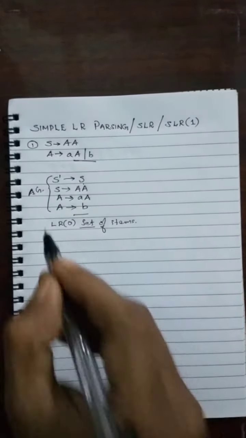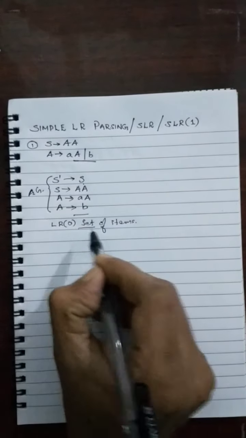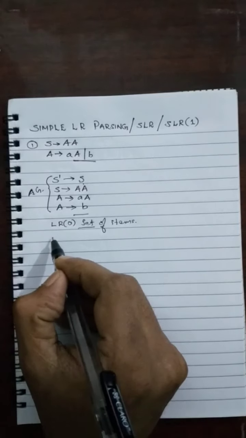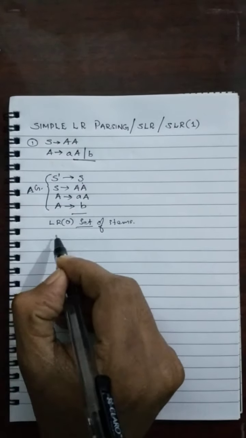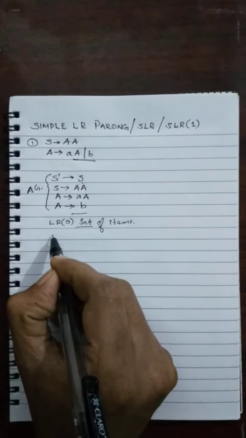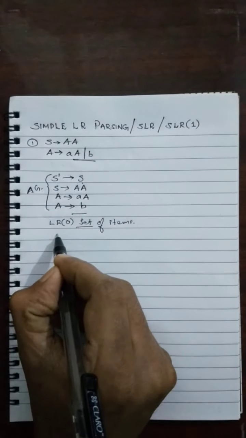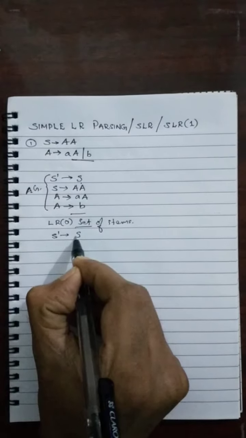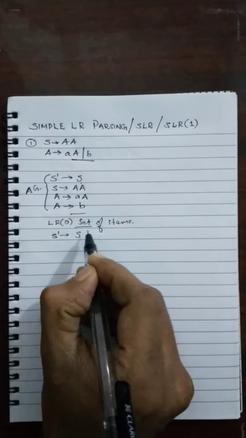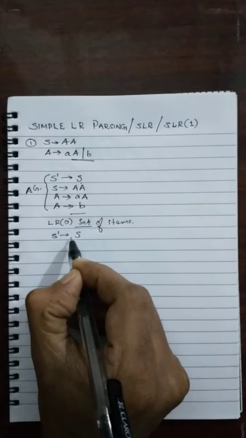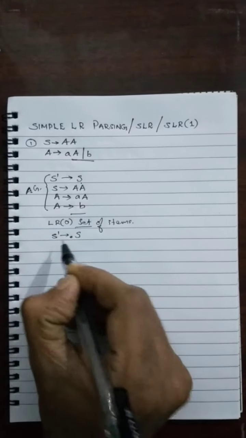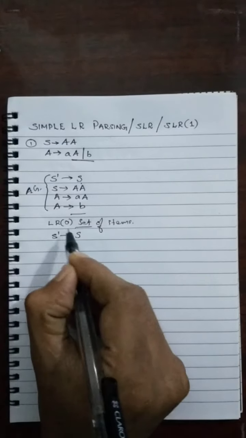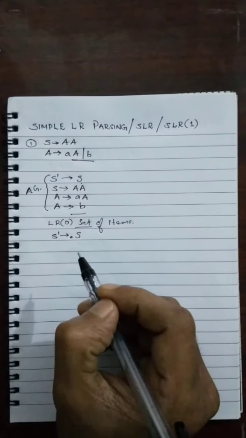These are the different names being used. A set of items is created by introducing a dot sign to the right hand side of the production. So here the first production is S' producing S. In order to make this an LR(0) item, I have to introduce a dot to the right side of the production. Now this has become an LR(0) item.